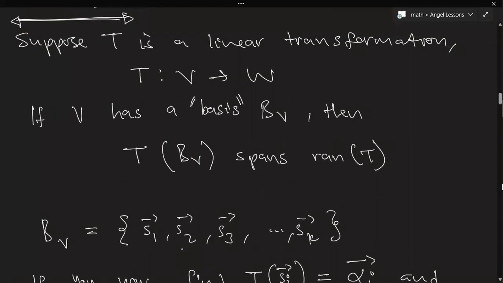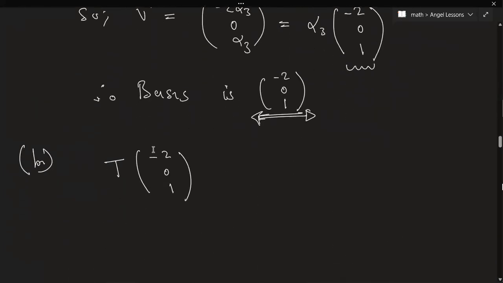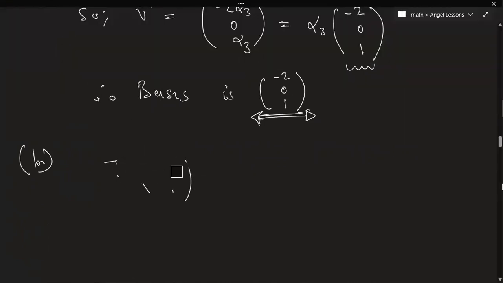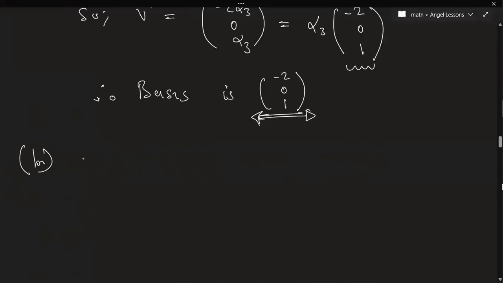Remember this: if this is a linear transformation and you know the basis BV for V, then we can get the range. So we need the basis of V. Let's not use that of the kernel. I was using something out of the definition. So we need the basis for R3 to use our theorem. Now, what is the basis for R3?